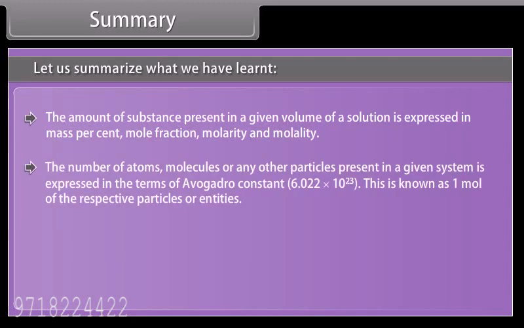The number of atoms, molecules, or any other particles present in a given system is expressed in the terms of Avogadro constant, 6.022 into 10^23. This is known as 1 mole of the respective particles or entities.